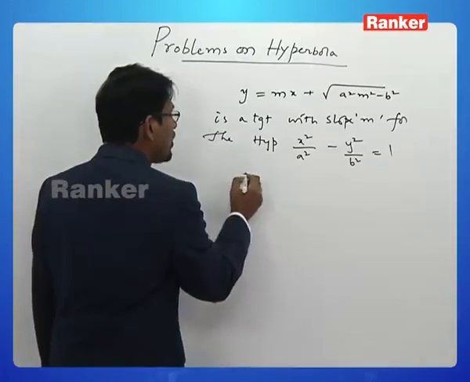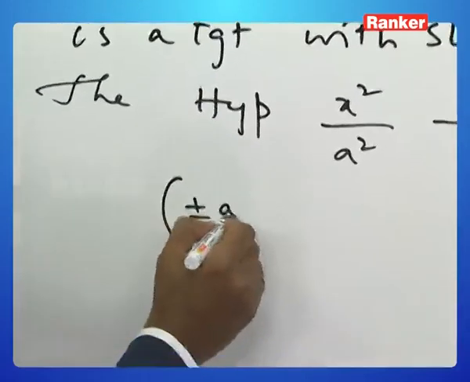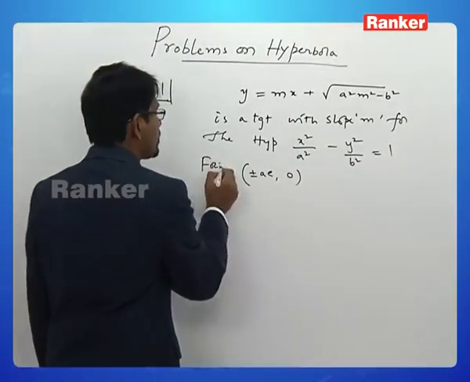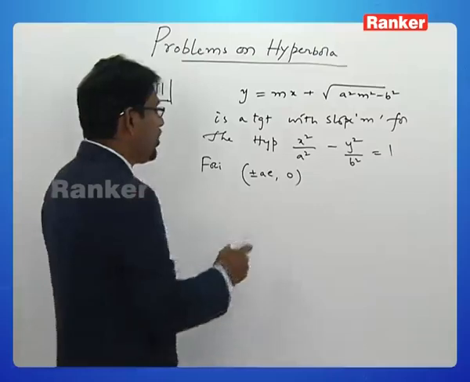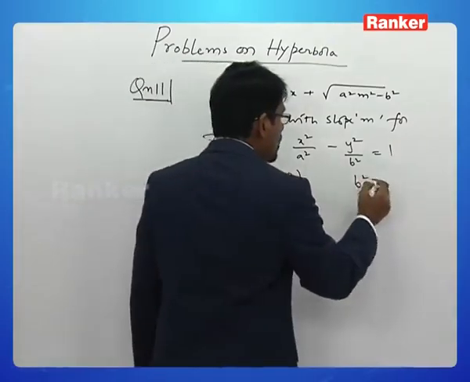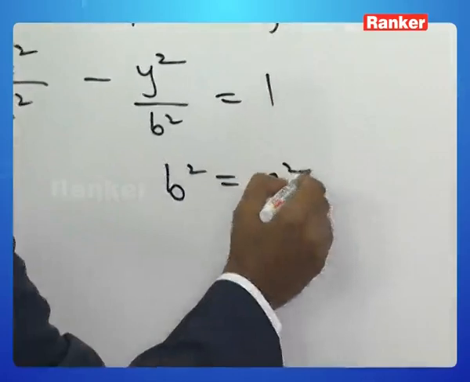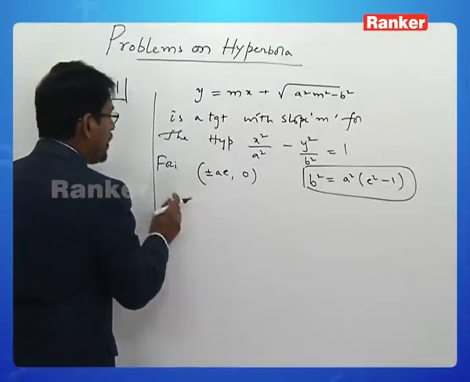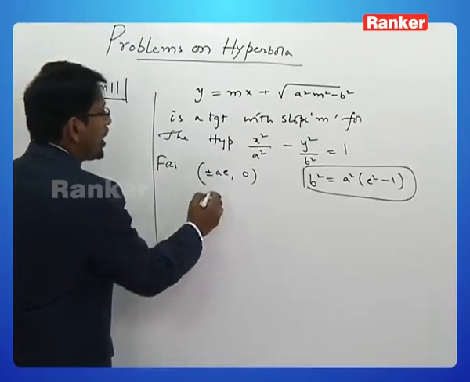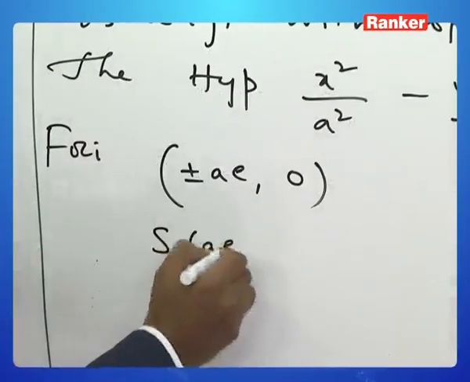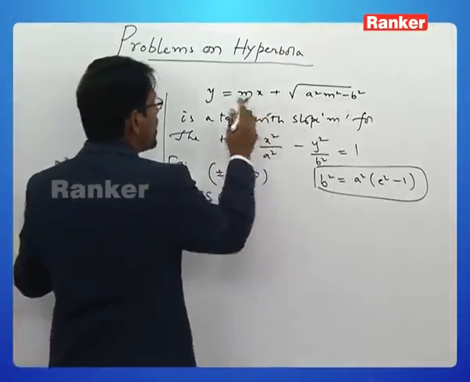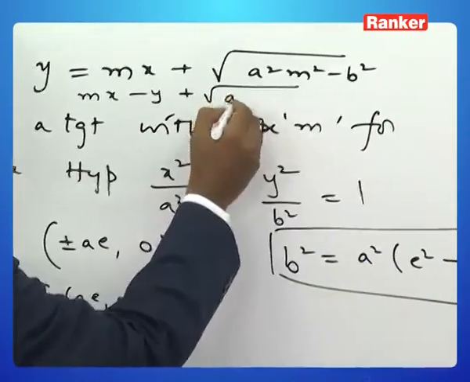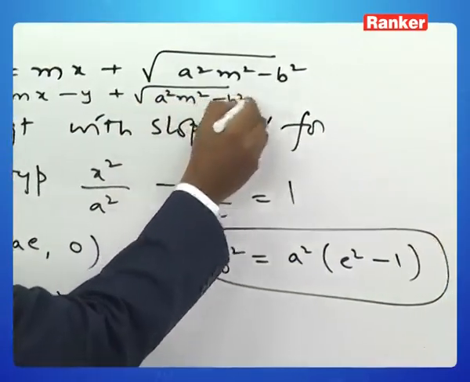We know that the foci are plus and minus AE comma 0, here e being the eccentricity, and b square is equal to a square into e square minus 1. Now, the perpendicular distance from AE comma 0. Let us say the first focus is AE comma 0. This line we'll rewrite in the form of mx minus y plus root over a square m square minus b square is equal to 0.